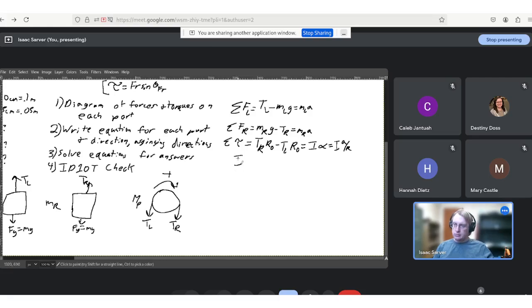I is equal to one half m times R outer squared plus R inner squared. Square this one, R inner, square that one.